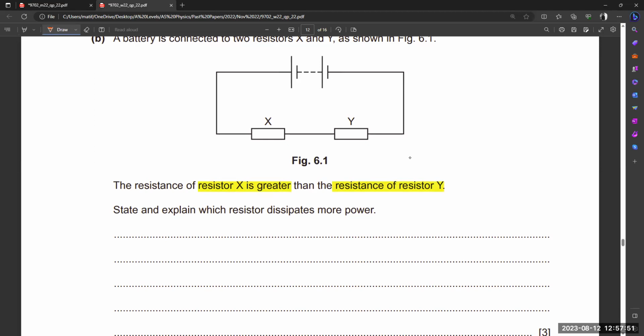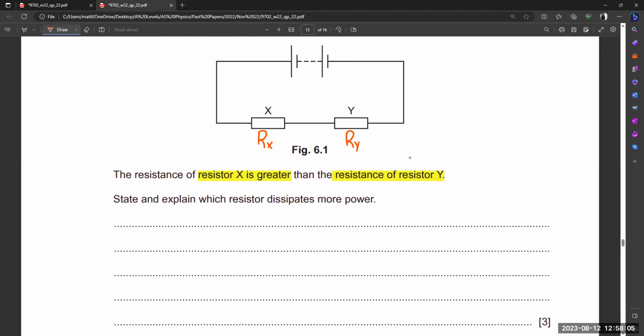We can do one more thing. Let's mark Rx as the resistance of resistor X, and Ry as the resistance of resistor Y. So we can say that Rx is greater than Ry. There are three different variations of the formula of power, and we can use P equals I squared R. Because the question is of 3 marks, we need to mention everything.